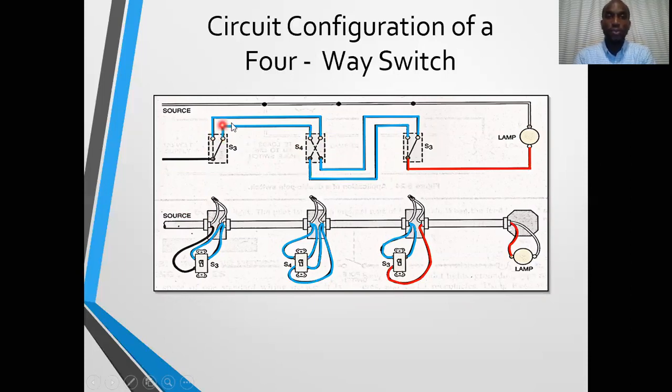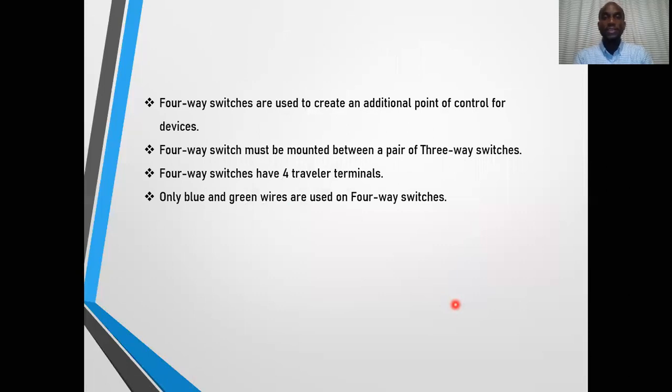You have two traveler terminals connecting to the top, two traveler terminals coming from the bottom connecting to that switch. The neutral goes straight through to the lamp. The pictorial stays the same. So it's quite simple. Once you understand the principle by which the three-way switches operate, the four-way switch is a walk in the park. Now let's look at what we learned today as we recap.